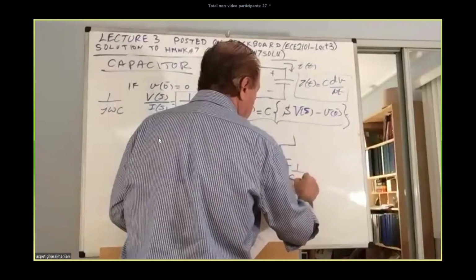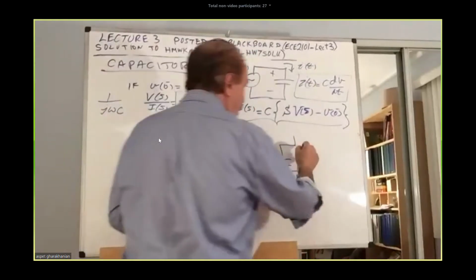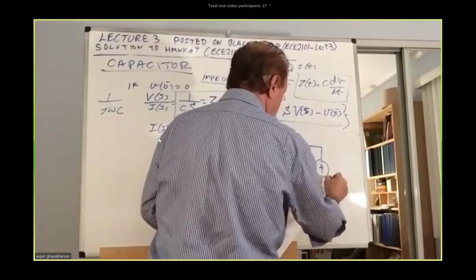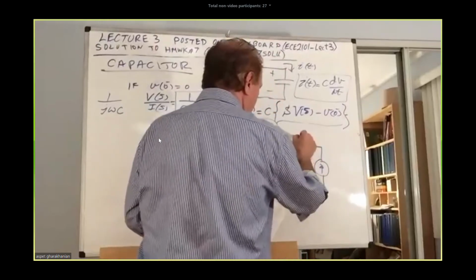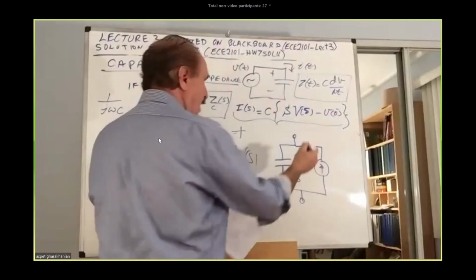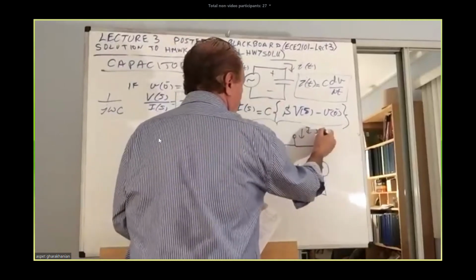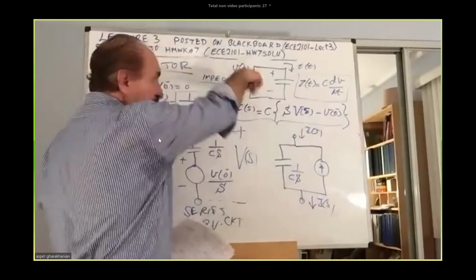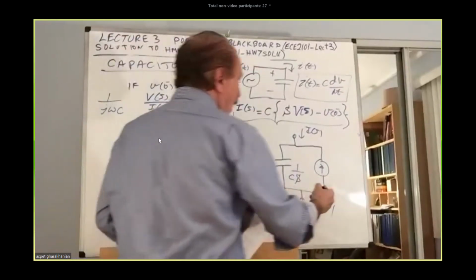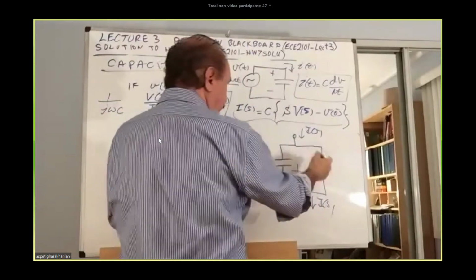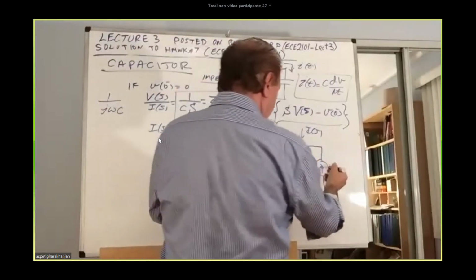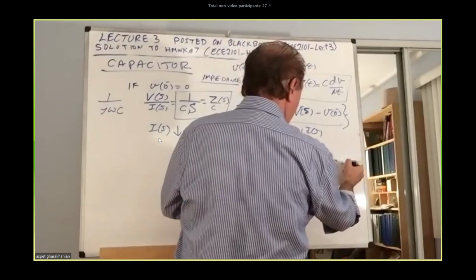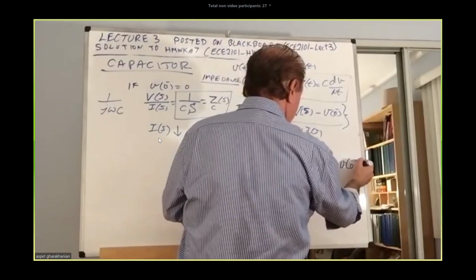1 upon CS there. Here, a constant current source heading in the direction of the arrow. I of S will be the current through the capacitor, and the value of this current source would be C times V of 0 minus.